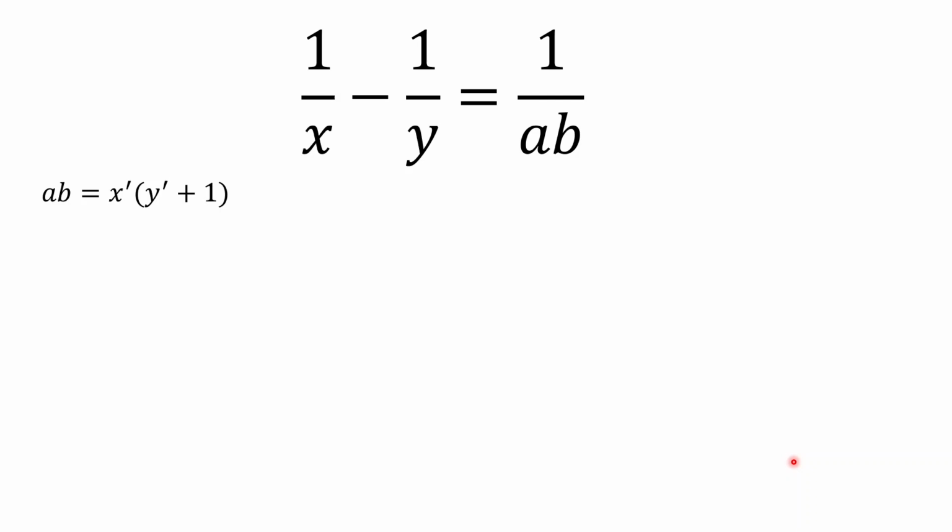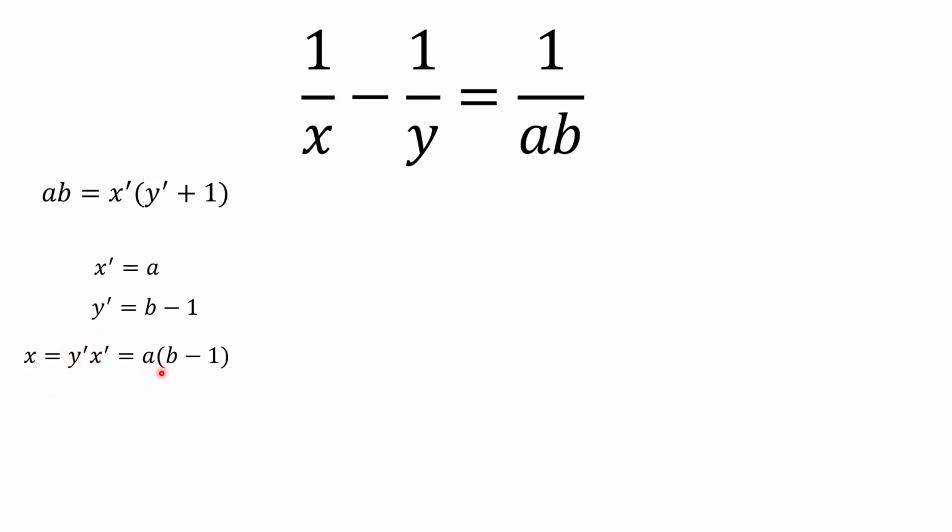All right, so we get to this point, and now I can just assume values for x prime and y prime so that this equation is valid. For example, if I say x prime is equal to a, then y prime plus 1 will become b, so y prime will be b minus 1. In that case, I can reconstruct x, which we considered as y prime times x prime.